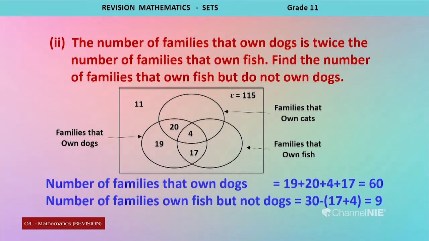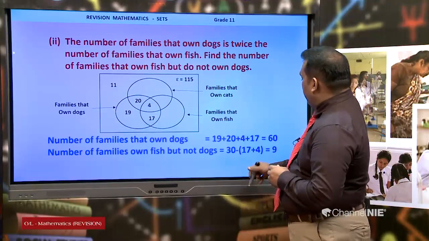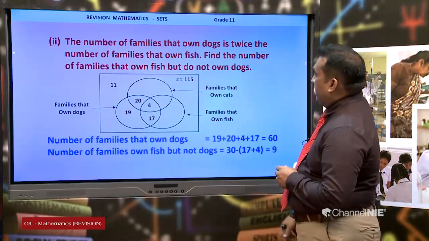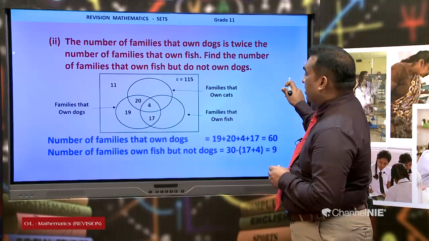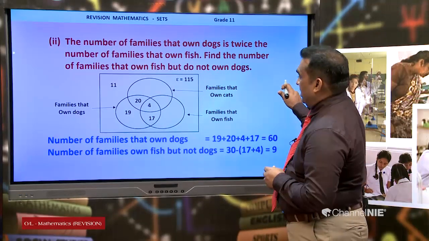What is that? 60. Number of families own fish but not dogs: then 30 minus 17 plus 4. Right? 30 minus 17 plus 4. Then you have 9 there.